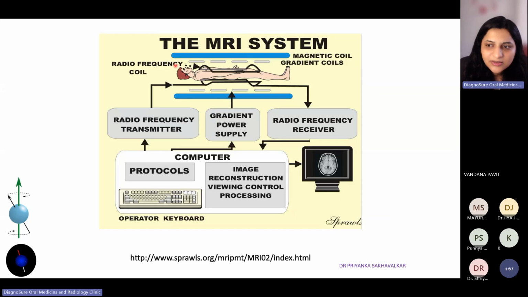The protons in the body act as tiny magnets, and when a radio frequency pulse is applied and then stopped, they emit a current. This signal emitted by the protons is again captured by the radio frequency coil. So the radio frequency coil has two functions: first, generate a current, and again capture it after some time.